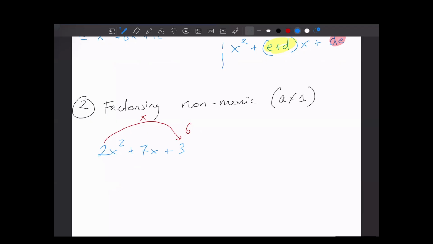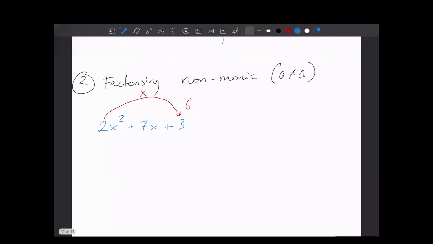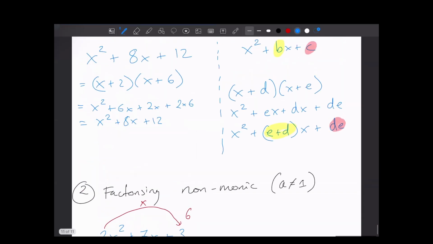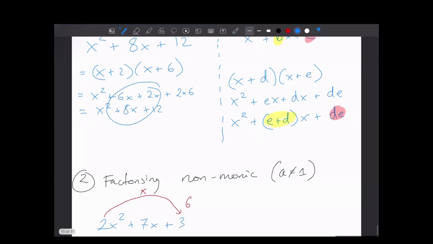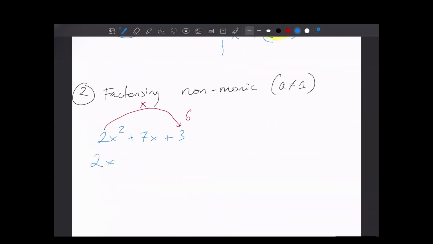Now, once you've found those, because they add to give this, you basically reverse what we did here. Here our 8x was produced by 6 and 2, right? And you split it up like this. We're going to do that same thing. So we're going to rewrite our equation, rewriting 7x as 1x plus 6x.